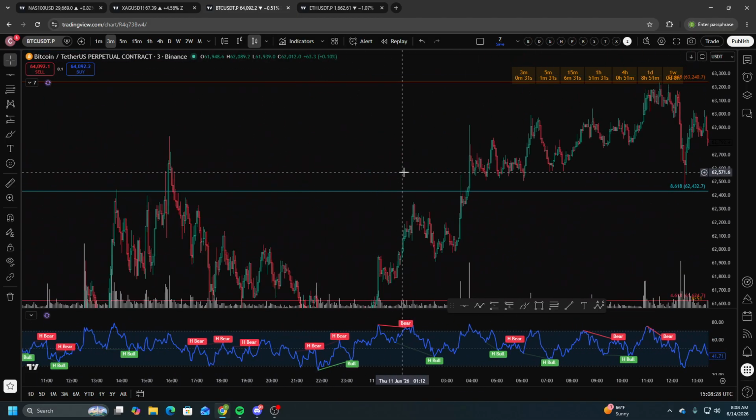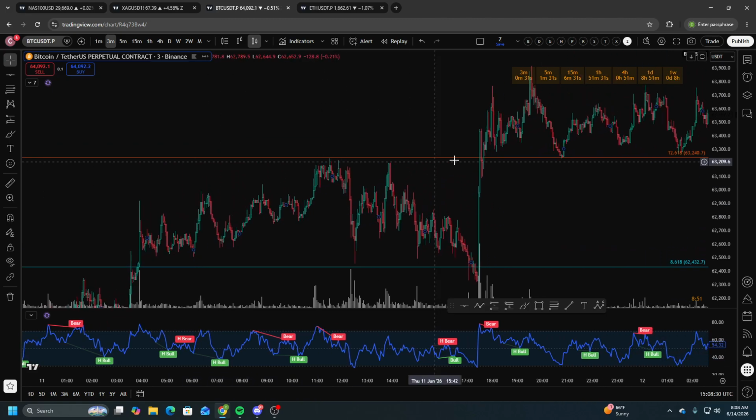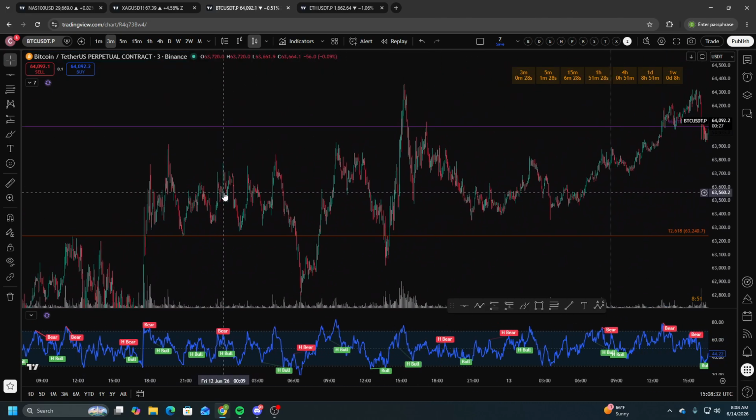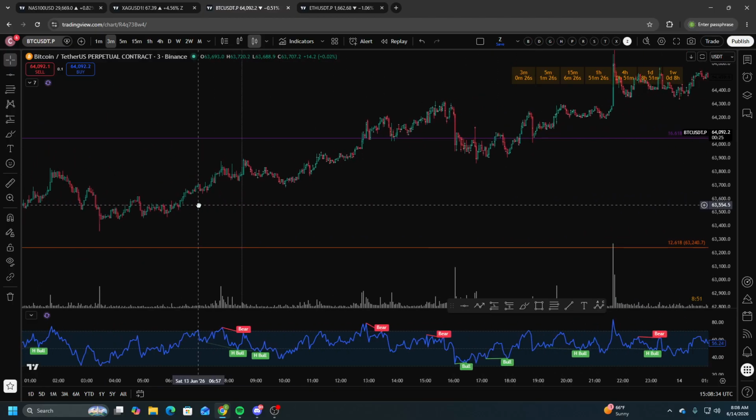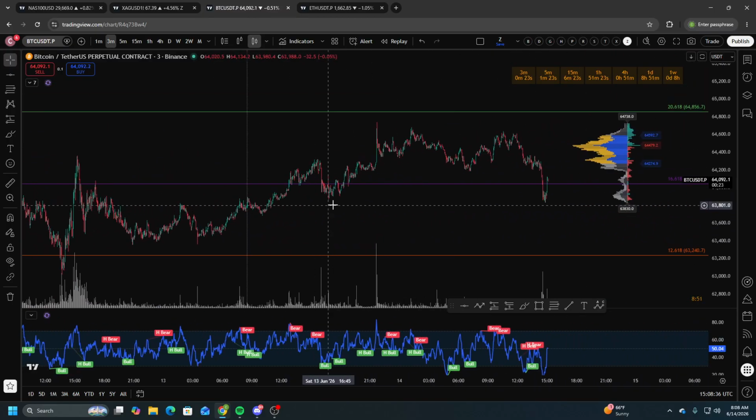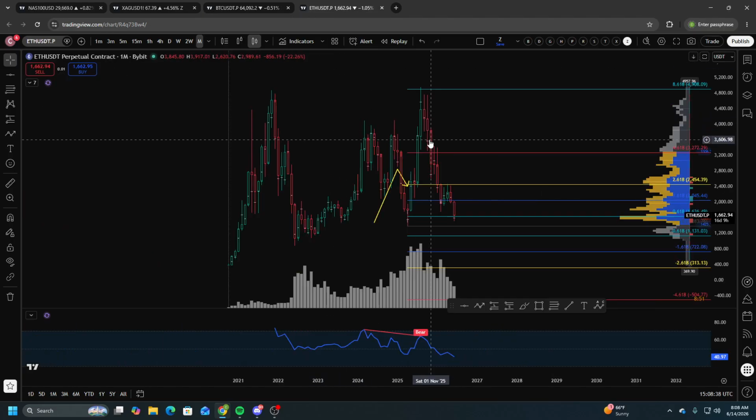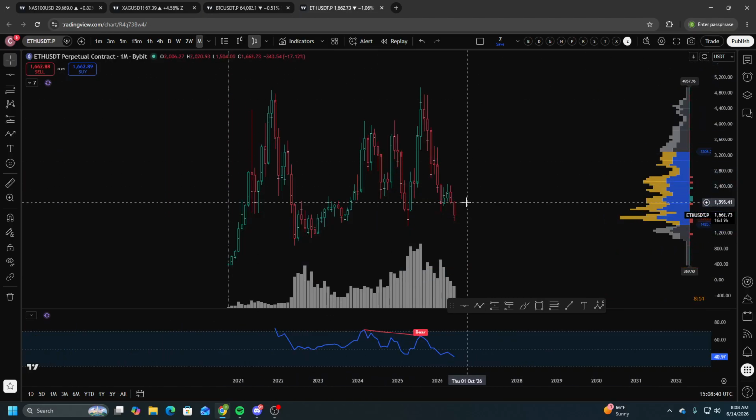And generally, crypto reacts pretty well to sequence projection, mainly because algos use sequences. And then I'll show you guys the last way to do a sequence projection, which is basically for identifying the trend on a long-term time frame.